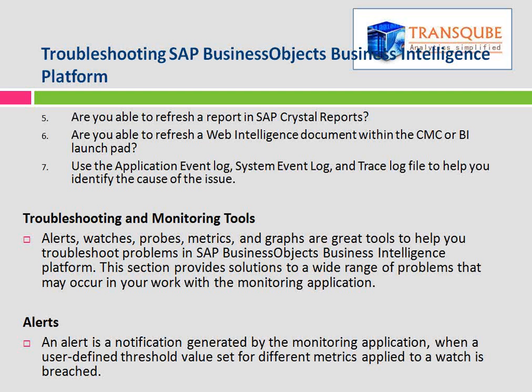Widely used options are alerts. An alert is nothing but a notification generated by the monitoring application when a user-defined threshold value set for different metrics applied to a watch is breached. Monitoring applications contain watches.